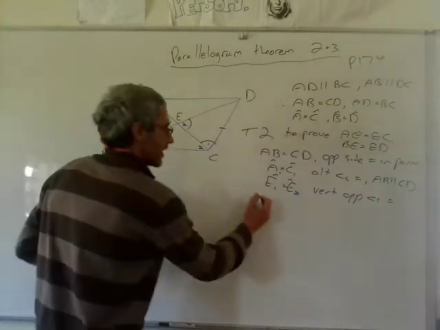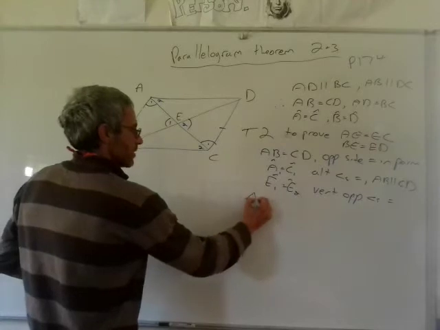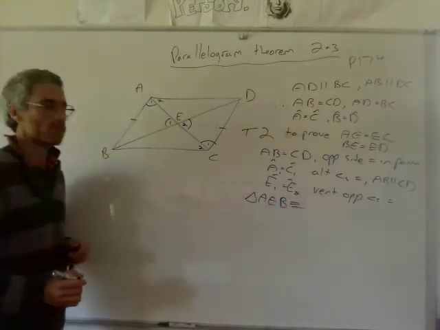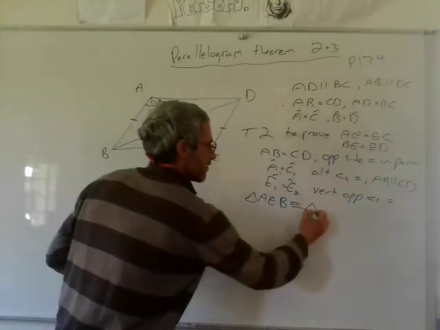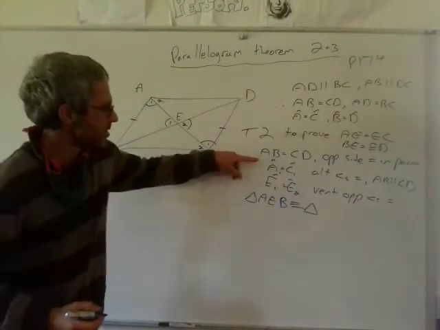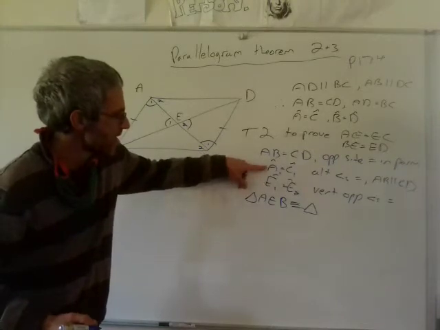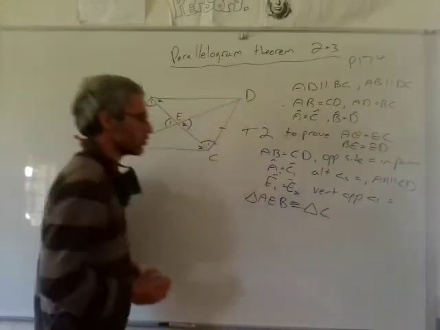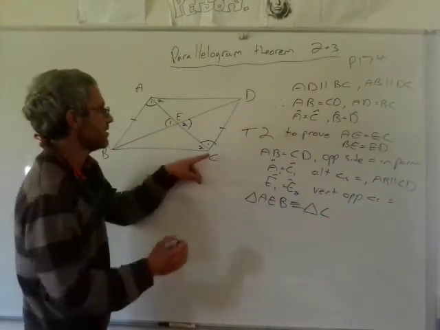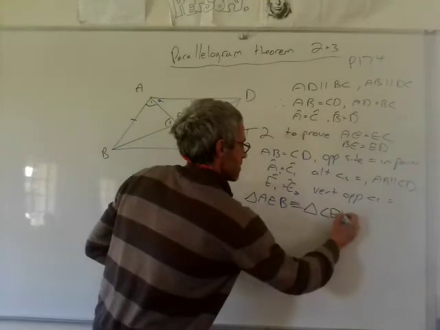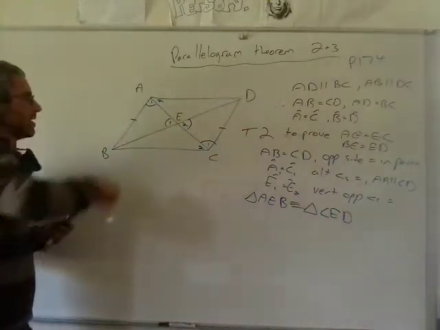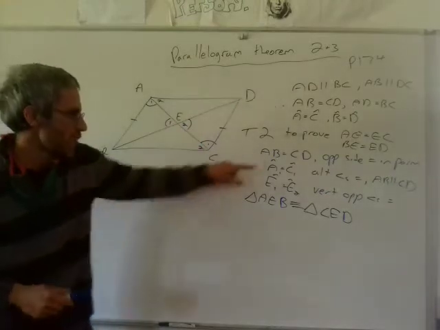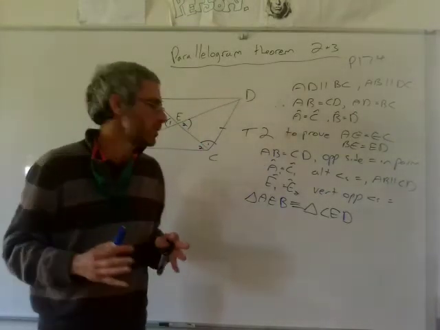So at this point, I can say the triangle AEB is congruent to, and here I have to be careful with the letters. Because I started with A, and angle A is equal to angle C, I need to start with angle C. So CED. A, E, B; C, E, D. If you line up, this is a good trick to know.